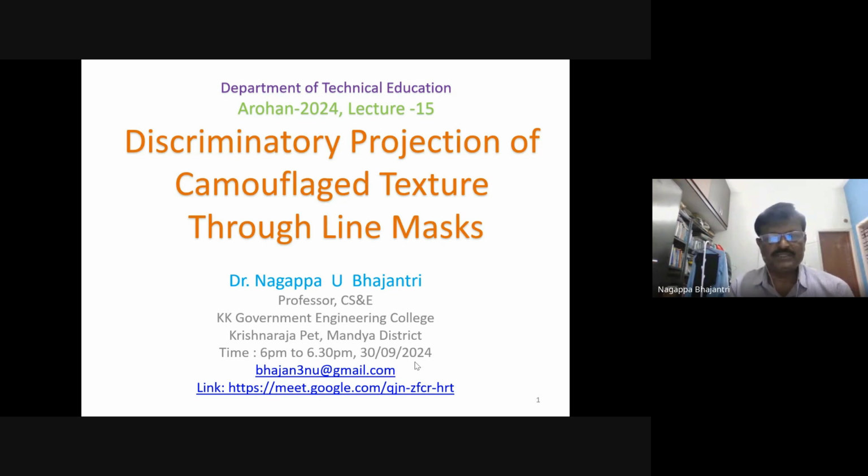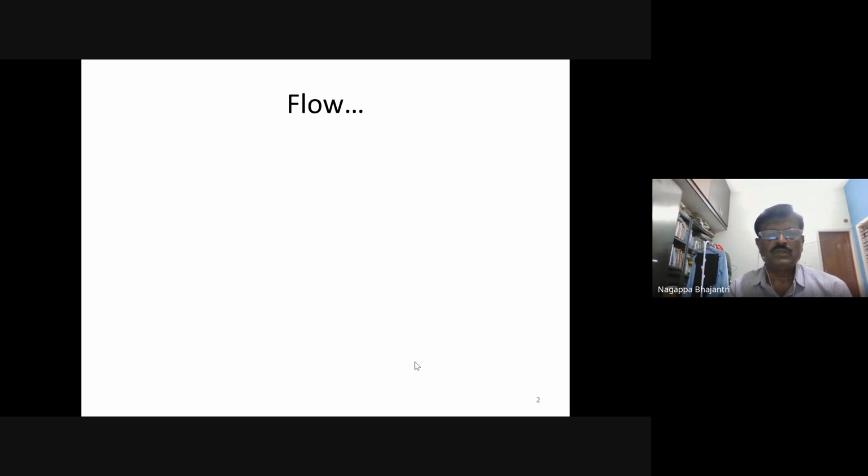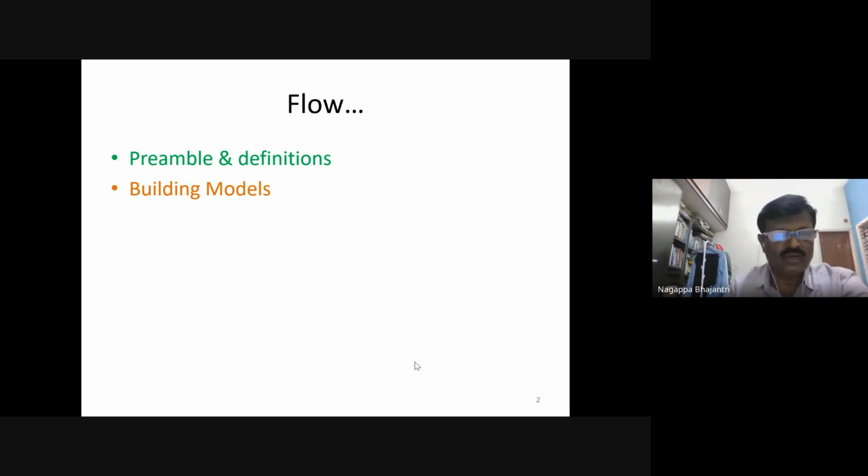The continuation of this will be the second slide. I have a flow in this way. I have a few definitions about camouflage and an abstract, and then quickly move to the model we can build, what kind of decamouflage technique we want to exercise here. With line masks, as I told, it is based on statistical information, histogram, regression of lines.